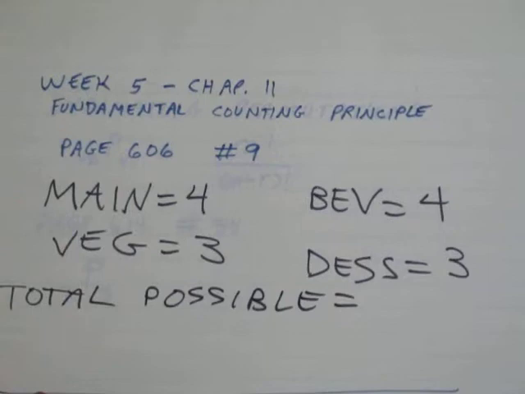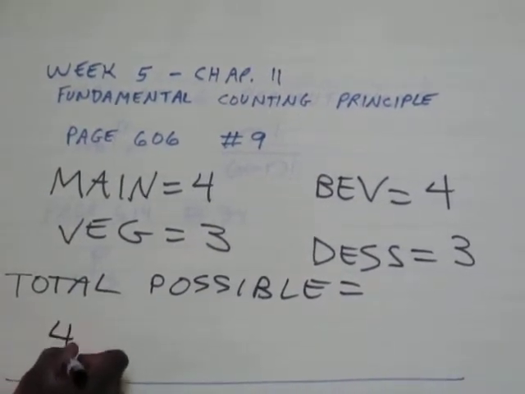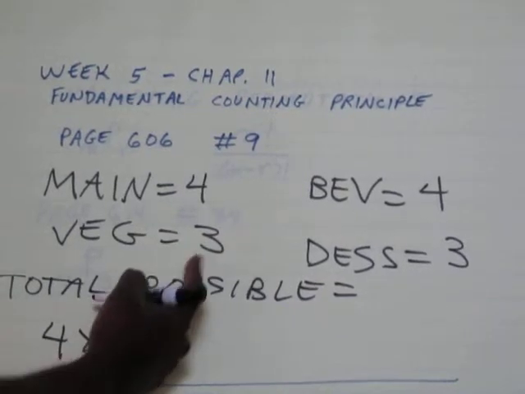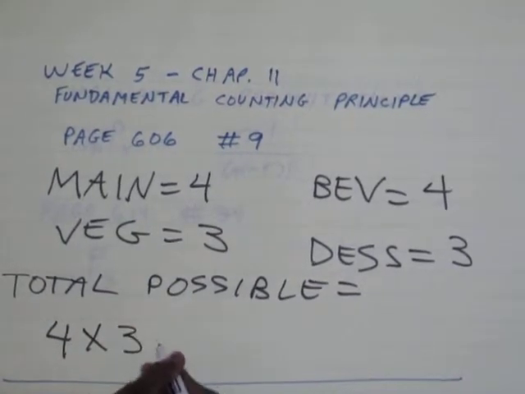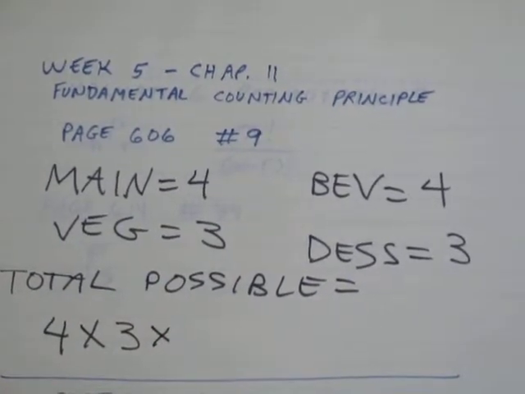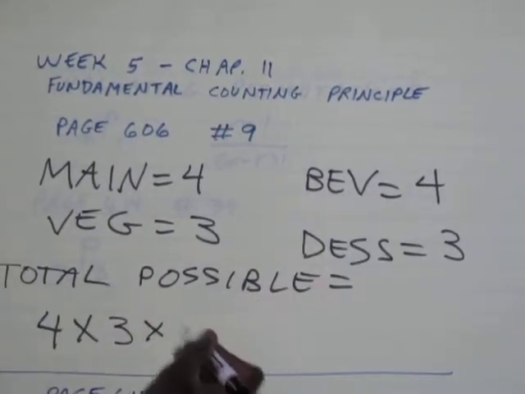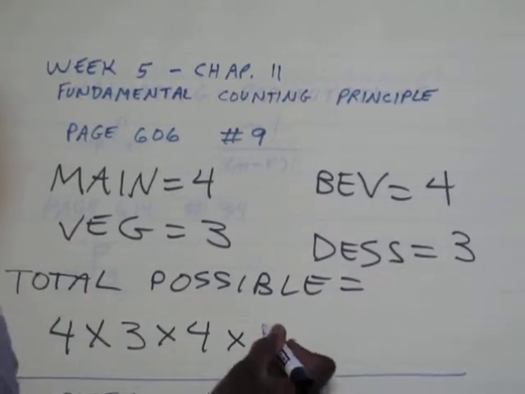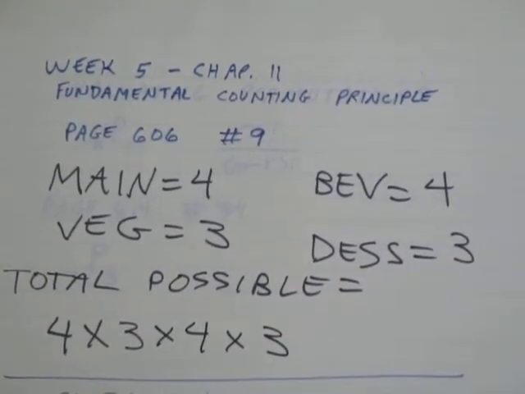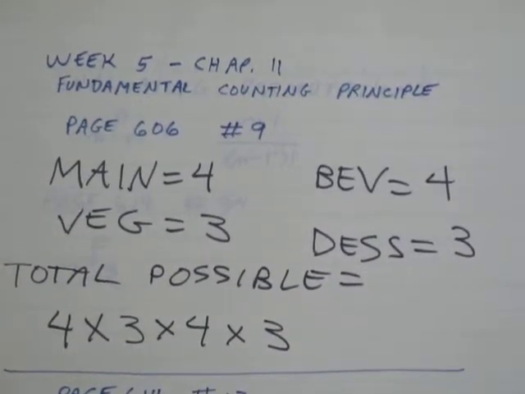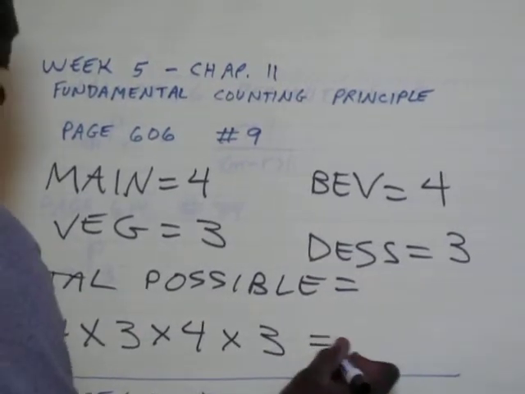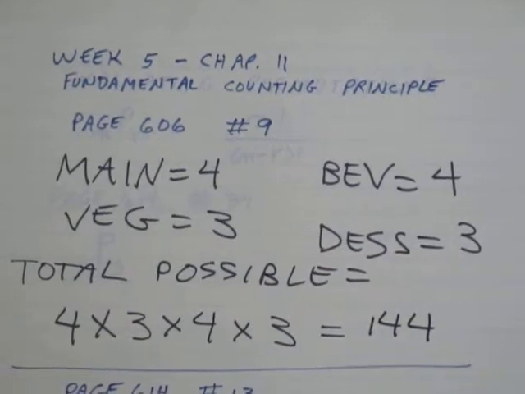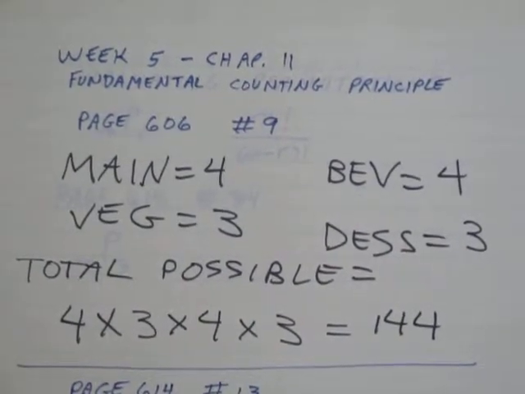We have 4 mains to pick from, so I'll put a 4 there, times 3 vegetables to pick from, times 3, times 4 beverages, times 3 desserts. So when we multiply these together, there are 144 different possible meal combinations from that menu.